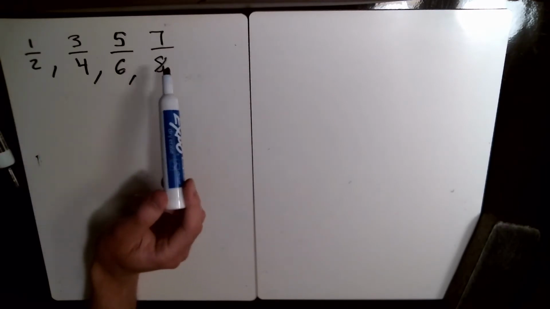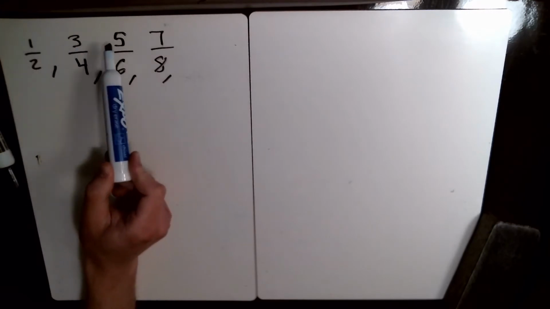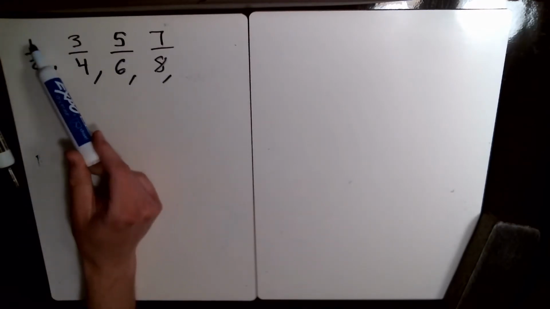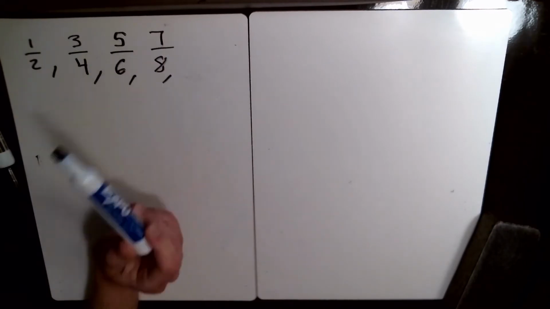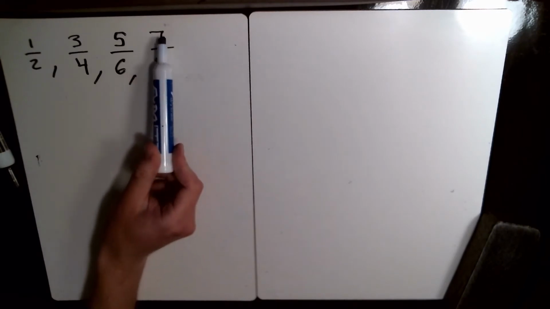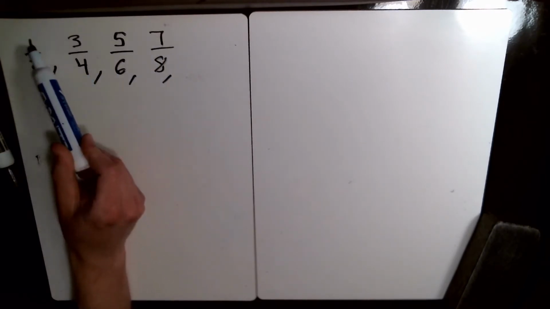What's the pattern that's going on here? Well, it appears every time the top number is going up by 2. I start with 1, 3, 5, 7, each one going up by 2. The top and bottom number are always 1 apart.